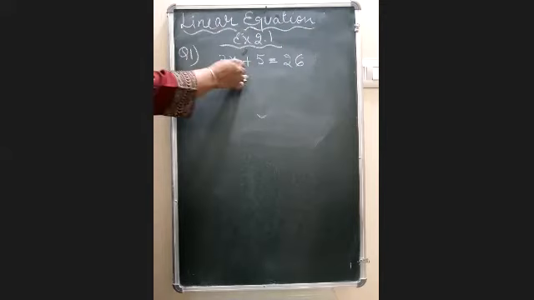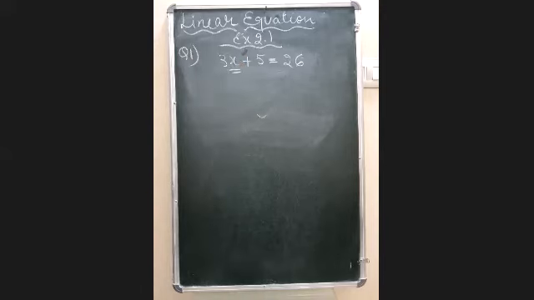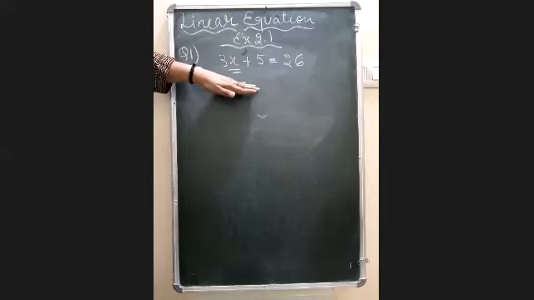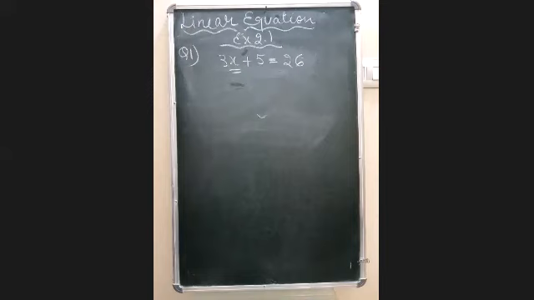Here the variable is x. So what will you do, beta? Always remember, whenever you solve any equation, you keep the variable alone on one side, and every number, every numerical value, you keep on the other side, the opposite side of the equal sign.